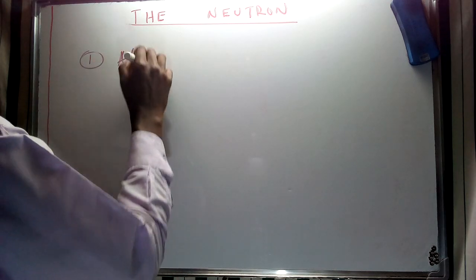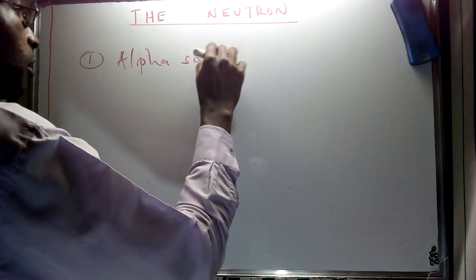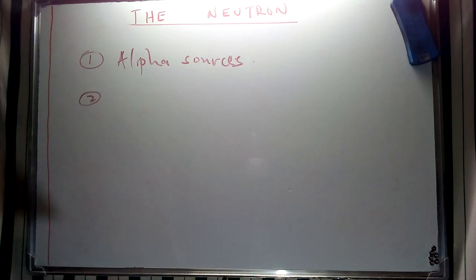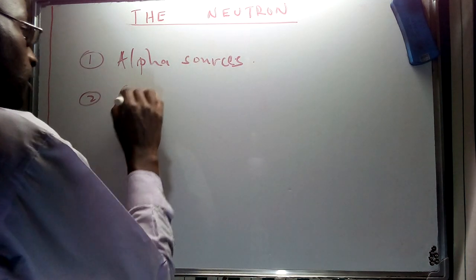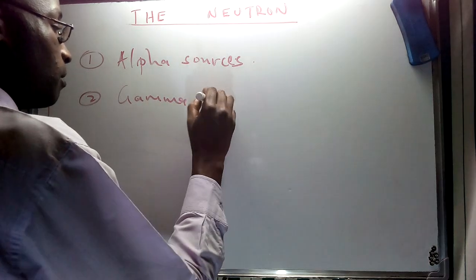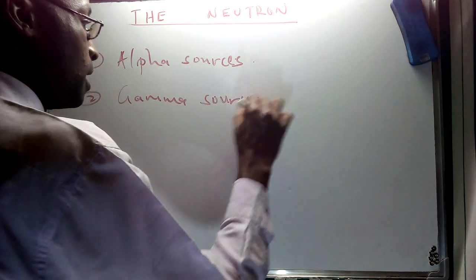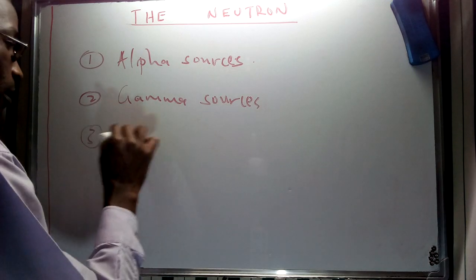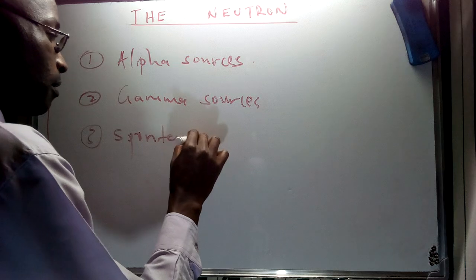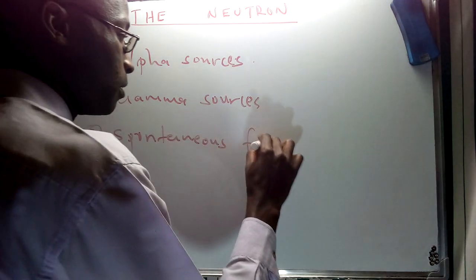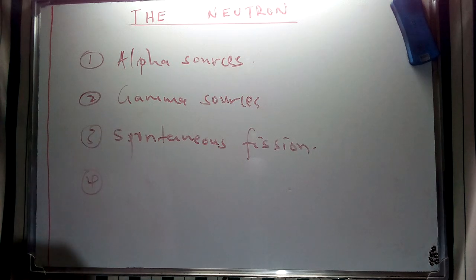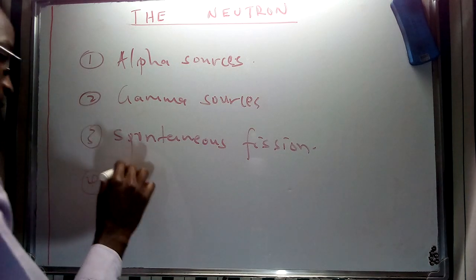Now, the first one is the alpha sources that we're going to discuss how that one is achieved. The second one, the neutrons can be achieved from the gamma sources. Now that we have talked about the concept of gamma and alpha, we can also achieve this from the process of spontaneous fission sources, and then we can also achieve this from fission reactors.